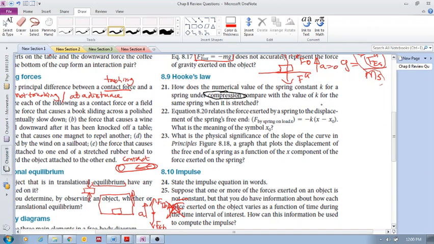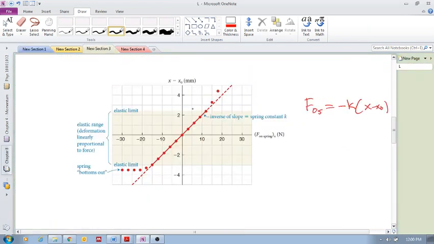Okay. Let's quickly look at this graph here. We'll get back to this in much more detail. But this is the region where the spring is being stretched, and this is the region where it is being compressed.